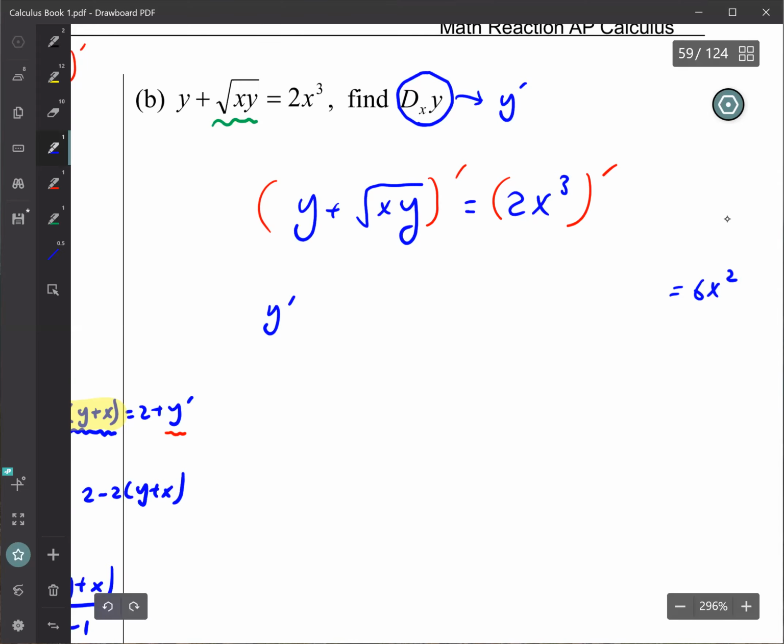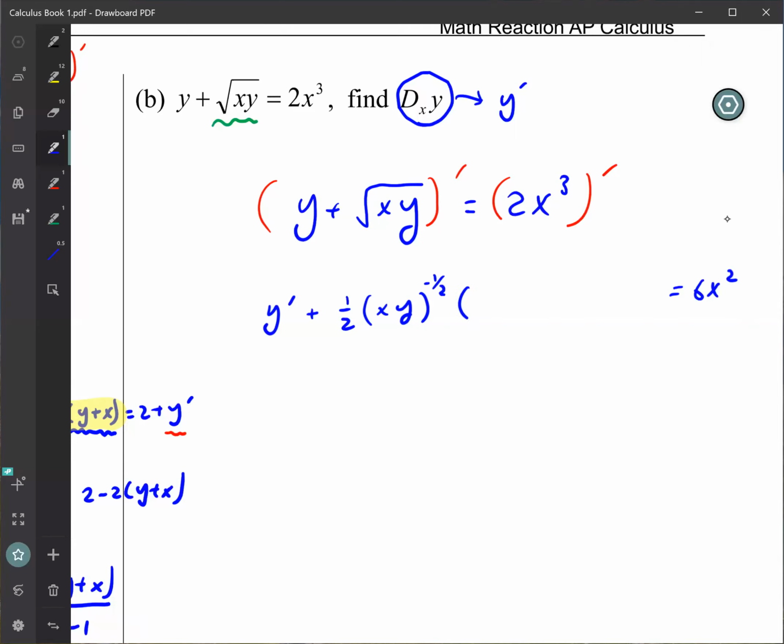And then plus, well, root xy has to use the chain rule. That's right. So it would be half, bracket xy, bracket to the power of negative half, times y prime.